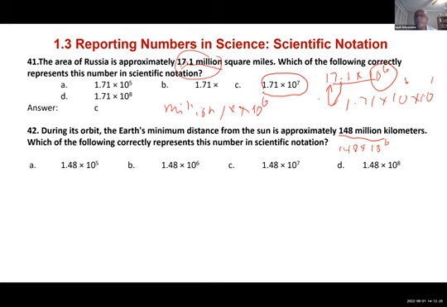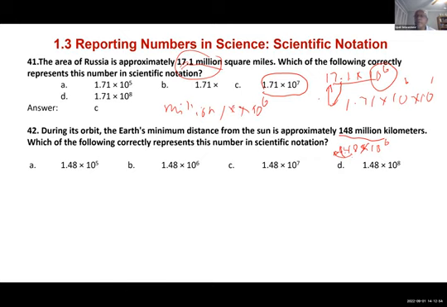Now you have this number 148, and that's a multiplication sign. The decimal place has to be moved to the left, right here, after 1. If you move to the left, you add 1 to the exponent for each movement. Here, you move twice.